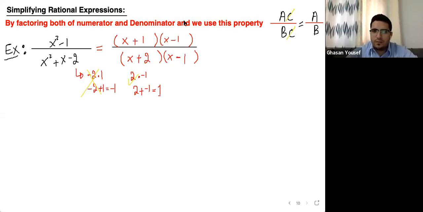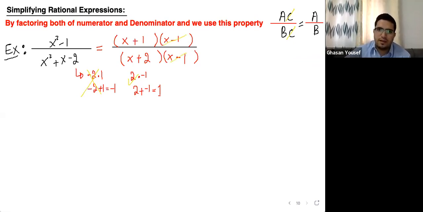Now, second step, we have to use this property, canceling the common factor. What's the common factor between the numerator and the denominator we can cancel? X minus 1. Exactly, so we can cancel this one with this one.